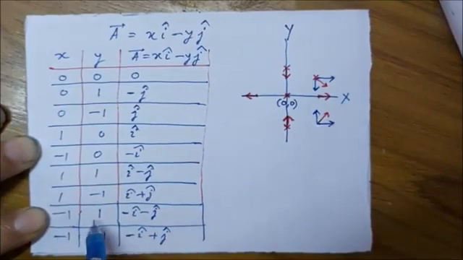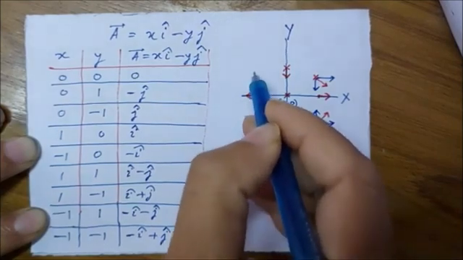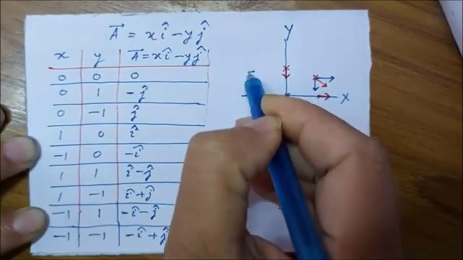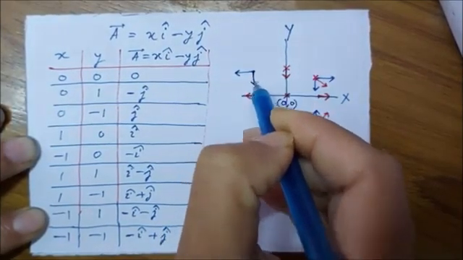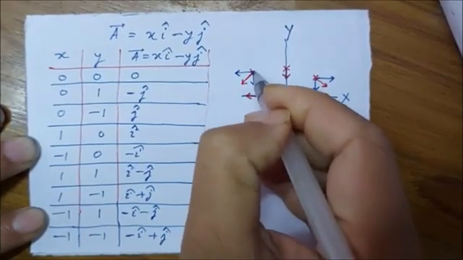At minus 1, 1, vector A is minus i cap minus j cap. x is minus 1, y is 1, so we are here. This is minus i cap and this is minus j cap. So vector A is along this direction at this point.